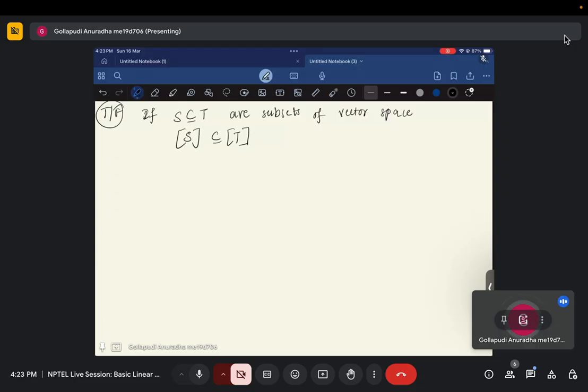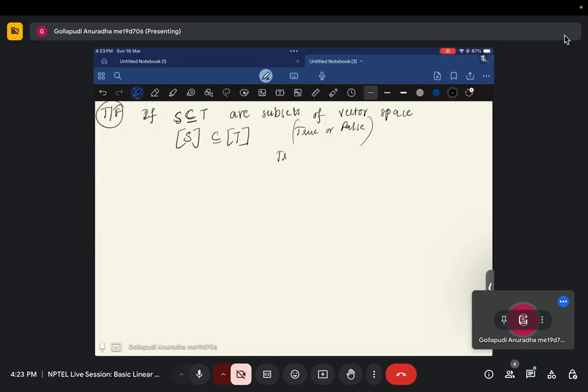So S is a subset of T and both are subsets of a vector space, then span of S is a subset of span of T. So that's a true or false? True, ma'am. Yeah, that's going to be true.